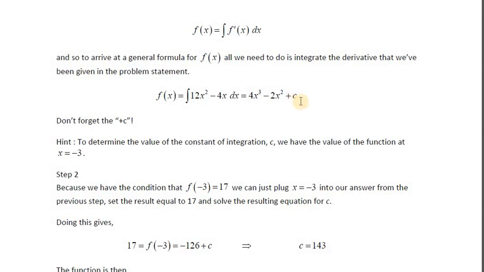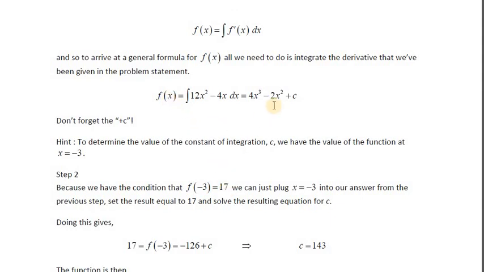We have to remove this c, and for that one condition is given, that is f of minus 3 is equal to 17. So f of minus 3 is 17, then f(x) is this one. That means if x is replaced by minus 3, then we get 17. This is the logic.